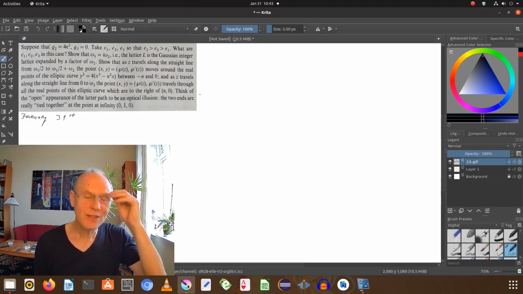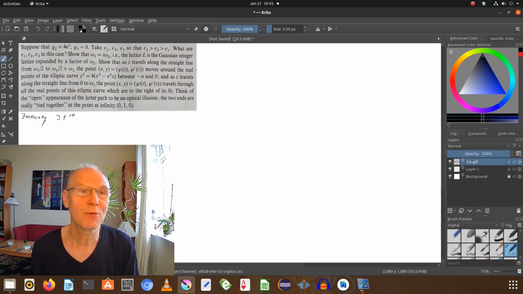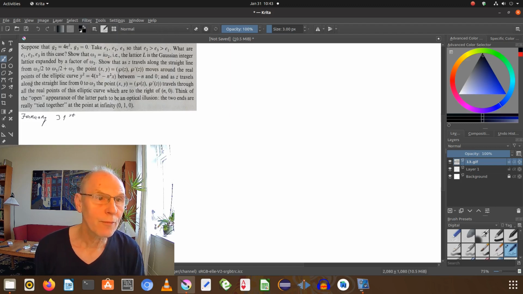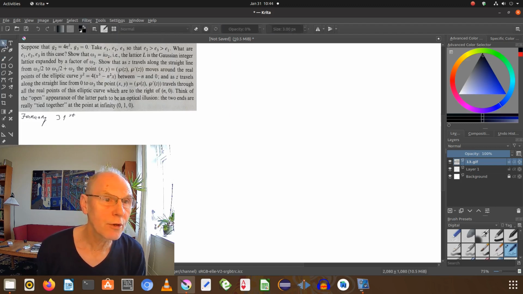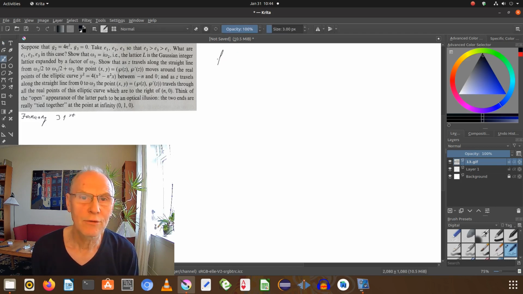So let's continue with another go on the next exercise, problem 13. G3 vanishes, G2, that means our function here is 4x³ minus 4x.